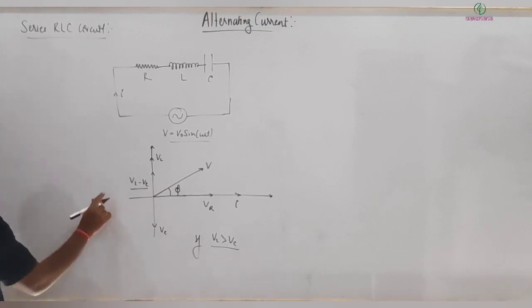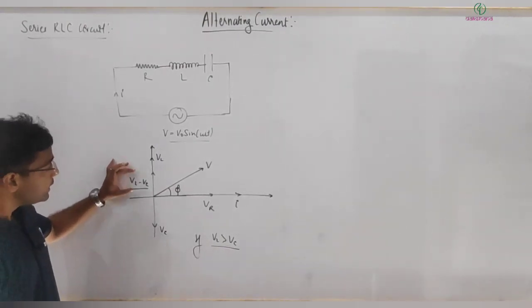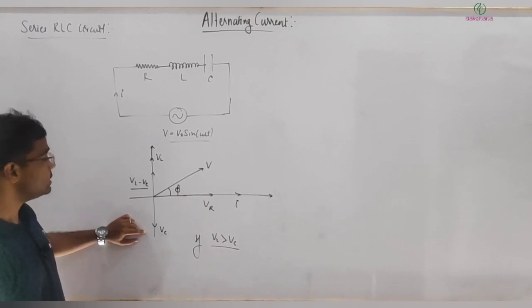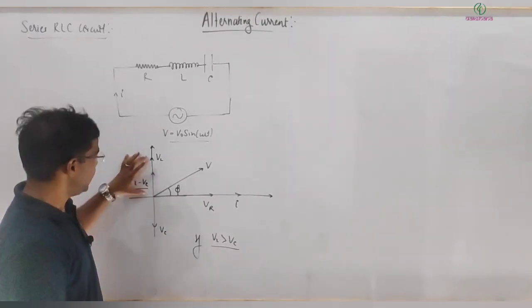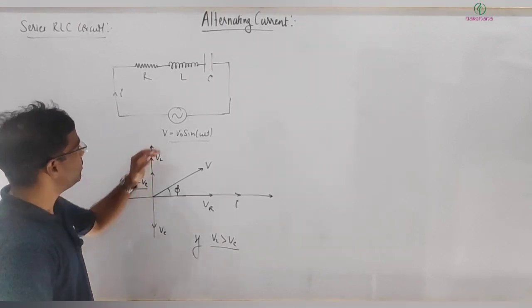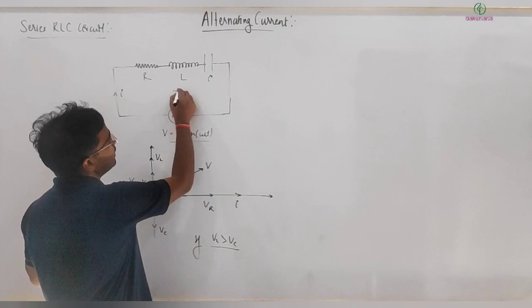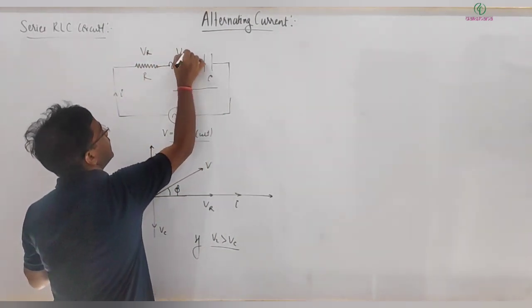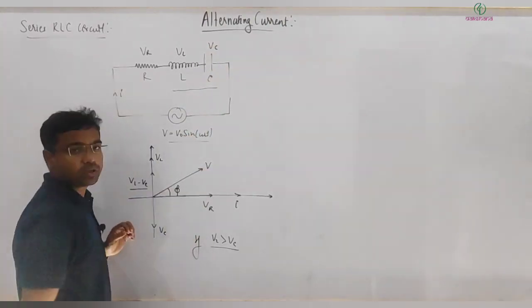Because these are exactly in opposite phase, is there a possibility that this becomes exactly equal to this? In that case, what will happen? There will be no net potential drop across this. Can you imagine it? So VR, VL and VC.